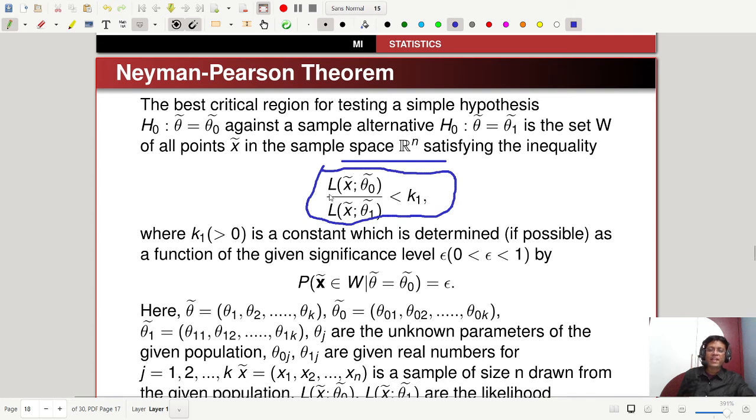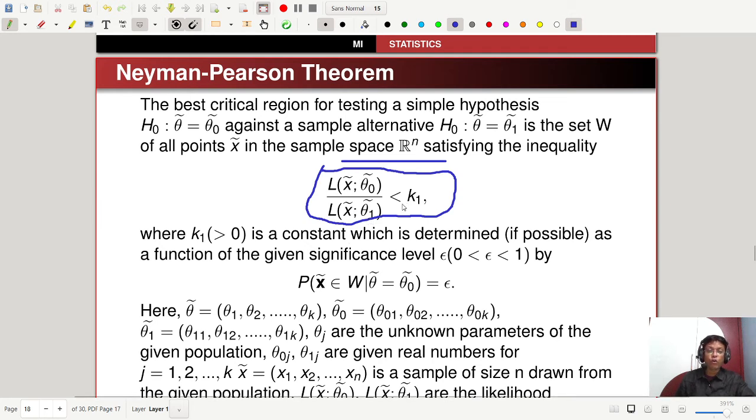The numerator L is a function of x̃ and θ̃ naught, and the denominator is a function of x̃, that is the sample point of the n-dimensional space, and θ̃ 1, a point of the parametric space.